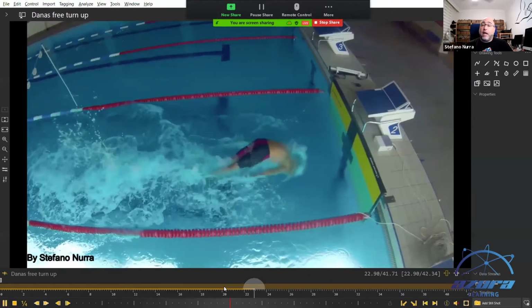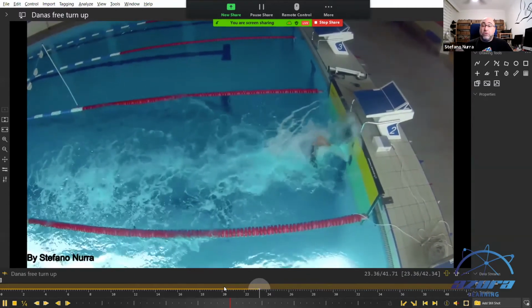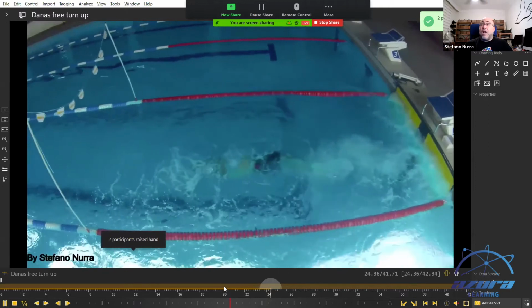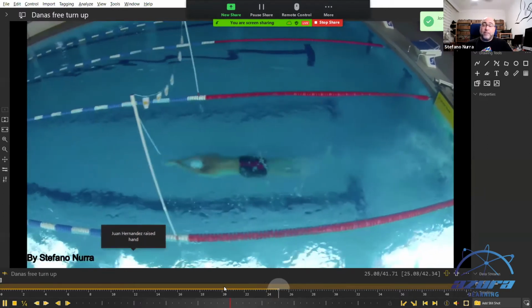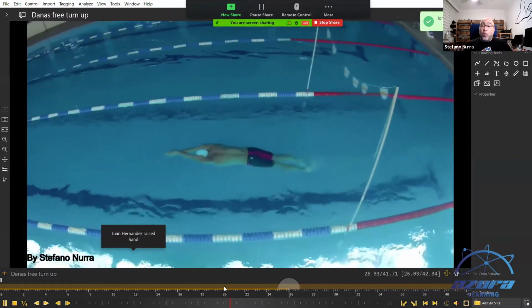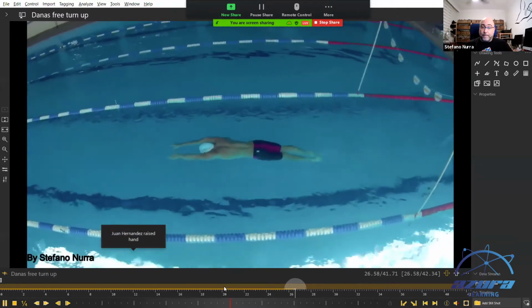For a young level, we can define the end of the turn around 2-3 strokes after the breakout. The turn is all this set of movements.